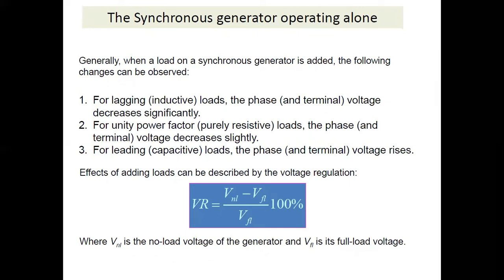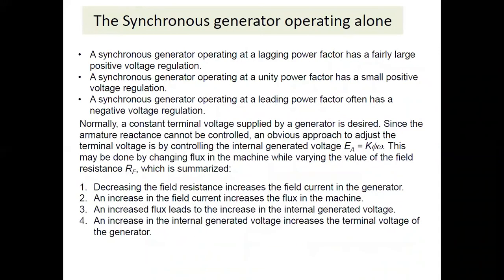So one more important parameter for the system is voltage regulation: V no load minus V full load, divided by V full load, into 100 in terms of percentage, where we get the voltage regulation from the available values of the system.